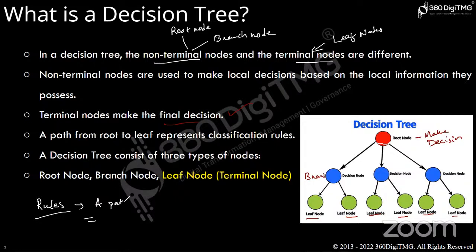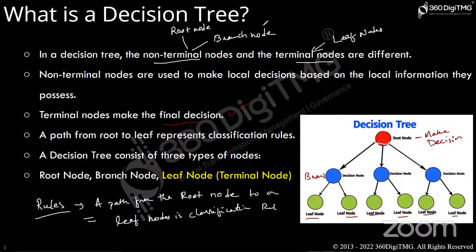So a path from the root node to a leaf node is a classification rule. As we discussed, there is root node, decision node or branch node, and leaf node. Three types of node we have.